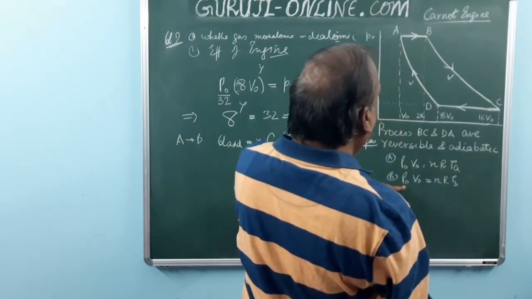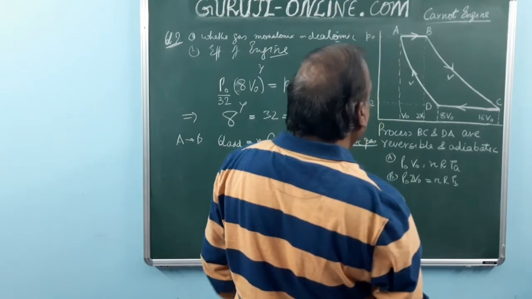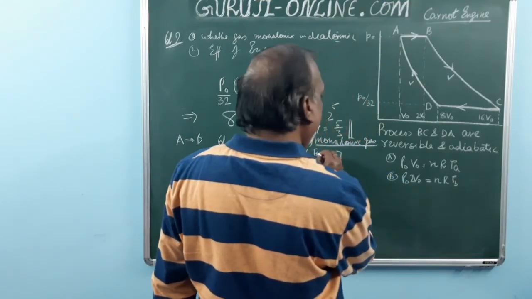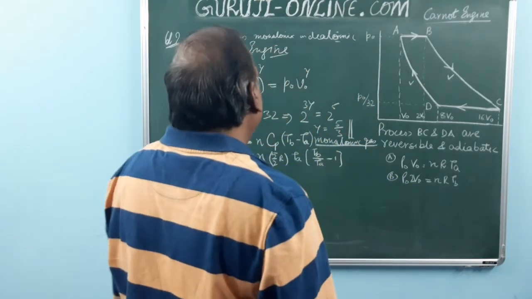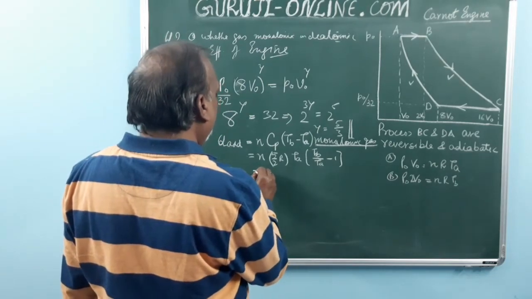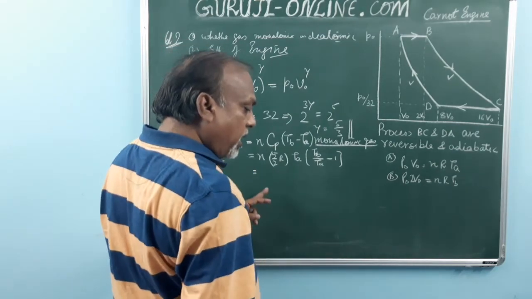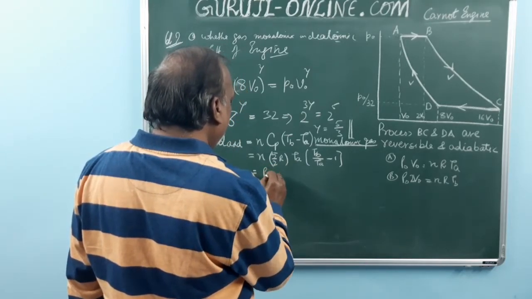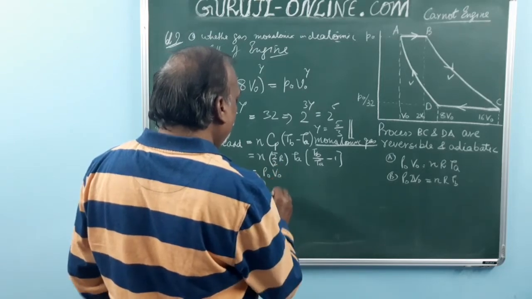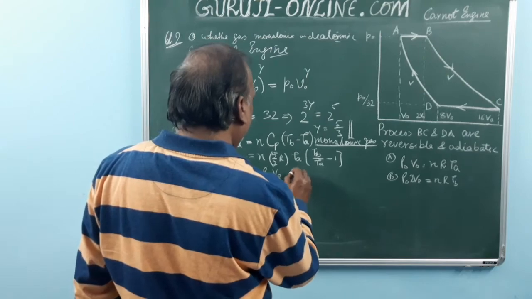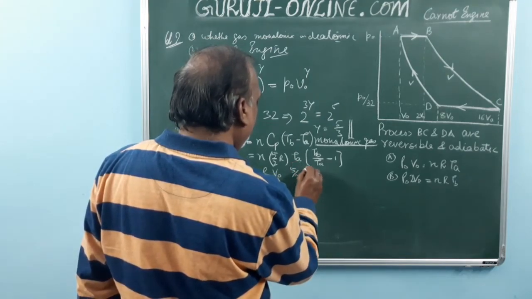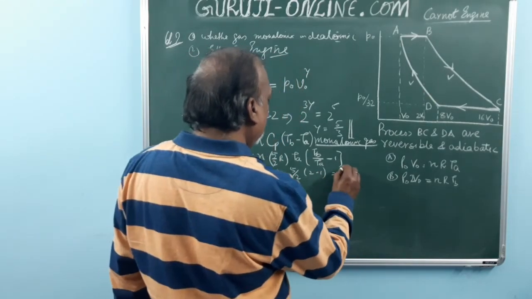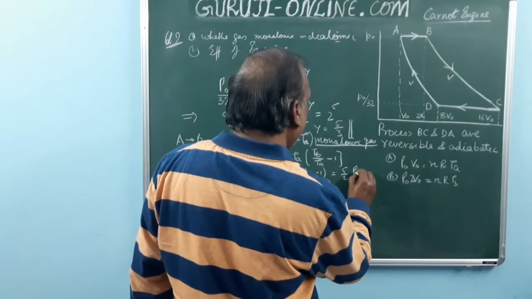Here actually for B it is 2 V0. So TB upon TA will be nothing but 2, minus 1. Or we can write n R TA is nothing but P0 V0, into 5 by 2 into 2 minus 1, or we can write it as 5 by 2 P0 V0.